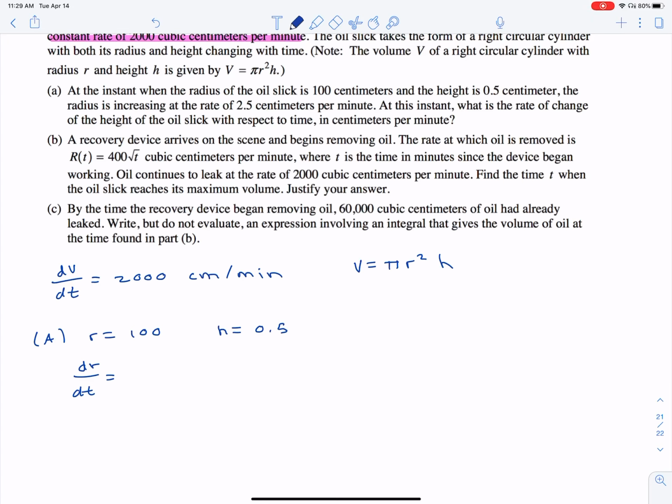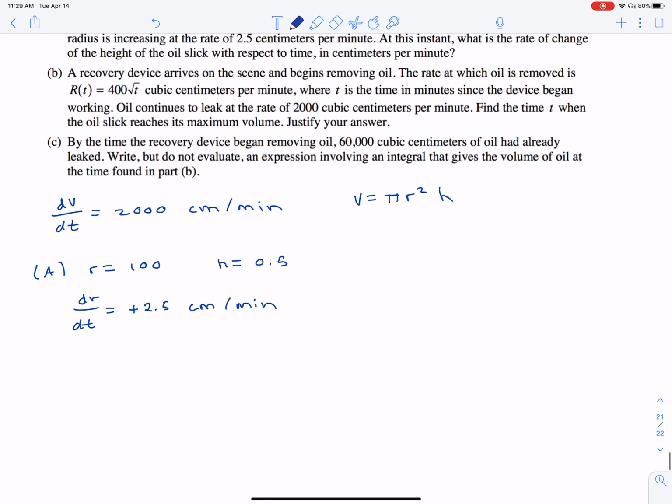So this is a positive value, increasing at positive 2.5 centimeters per minute. What is the rate of change of the height of the oil slick? Okay, let's see what we can do.